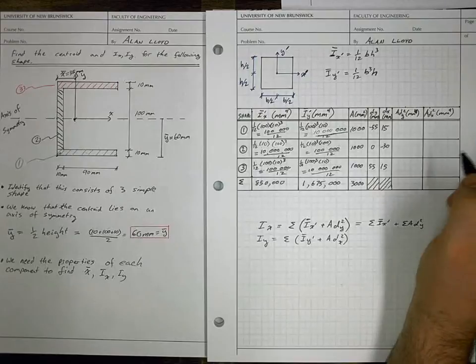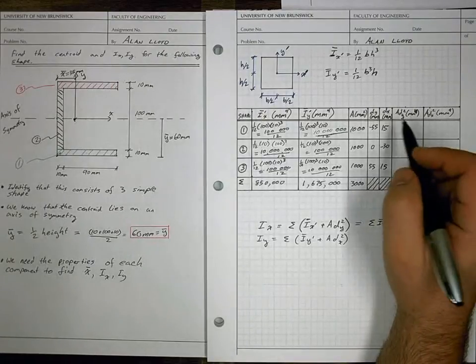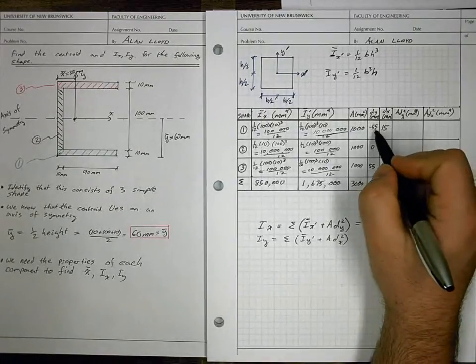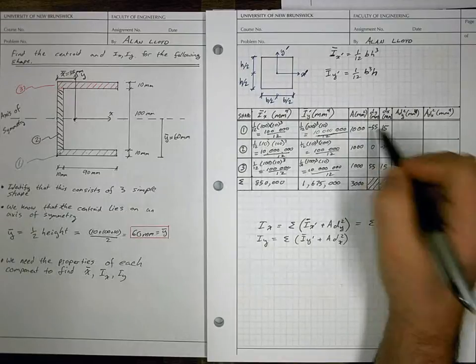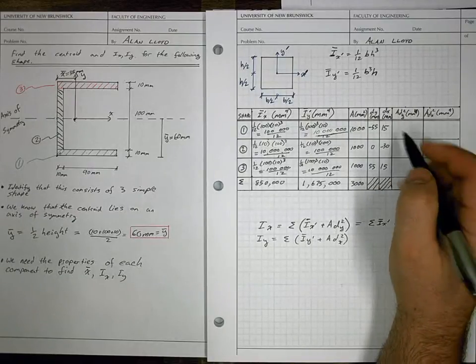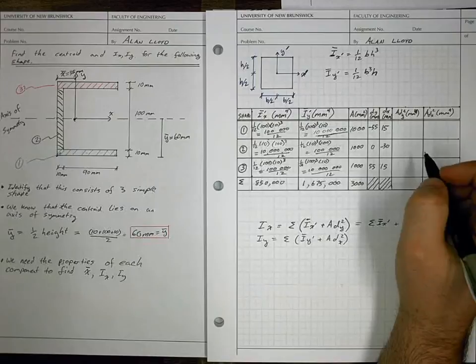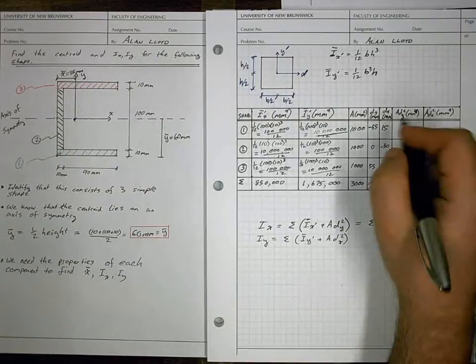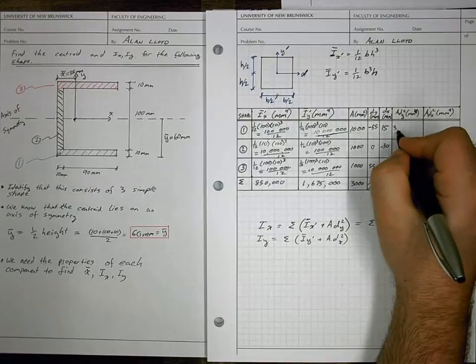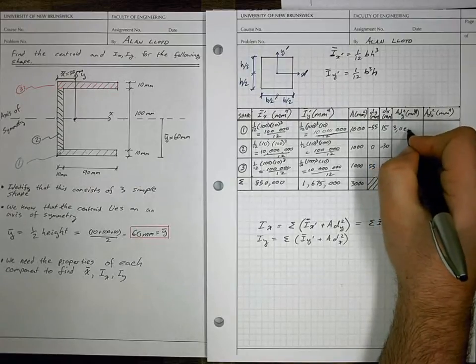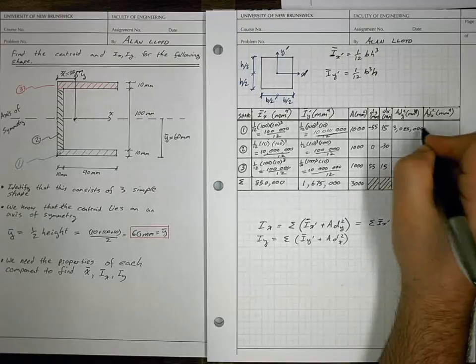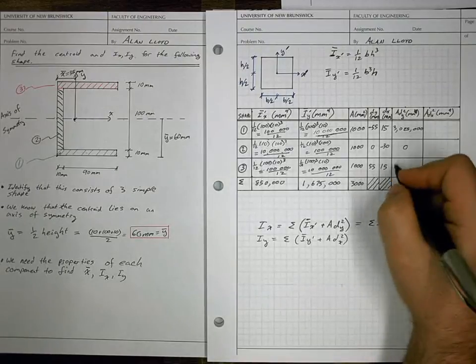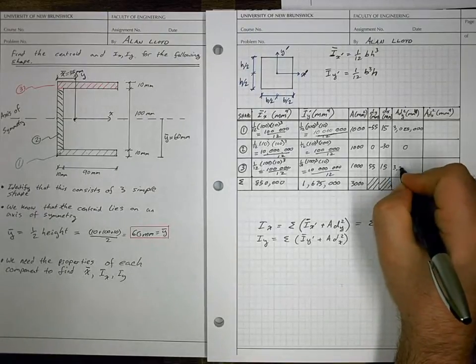Now if we take the product of area times dy squared, this minus 55 gets squared and becomes a positive quantity, and same with this minus 30 later. So we'll fill in this table multiplying area times the square of that quantity, and we'll end up with 3,025,000 and 0 and 3,025,000.